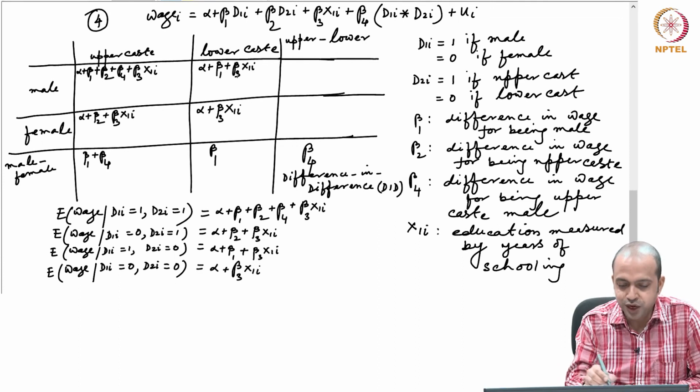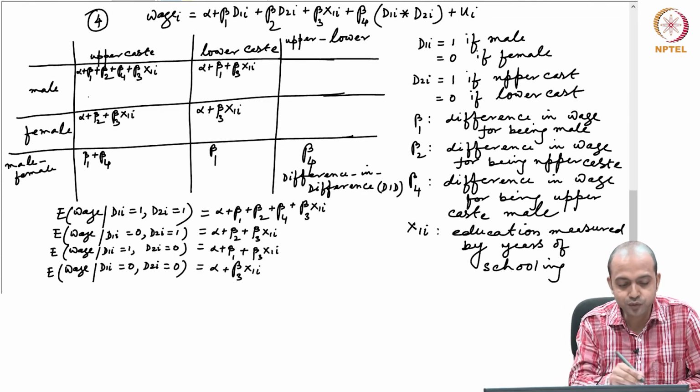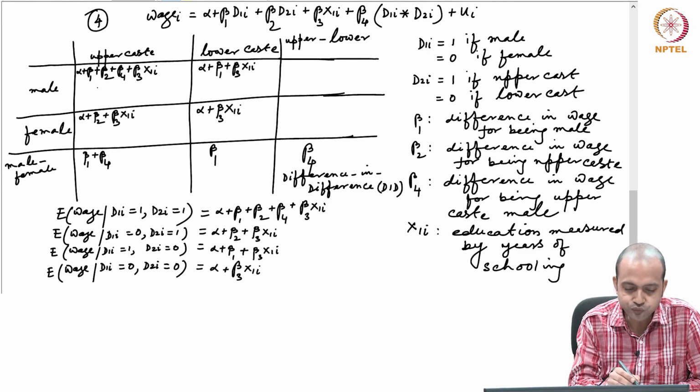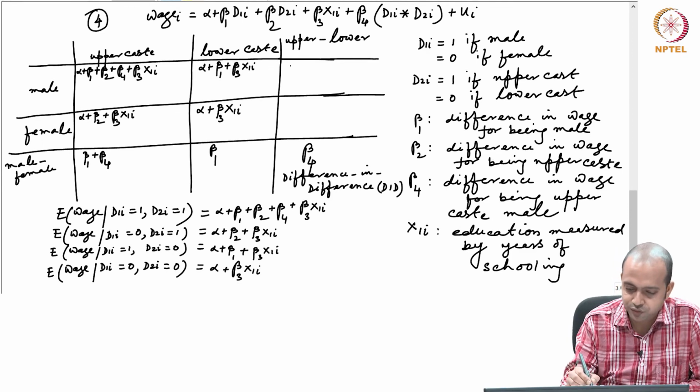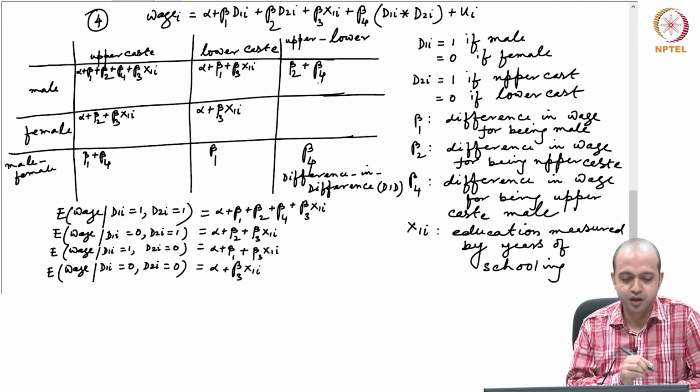So, if you take the difference for upper and lower for the male, what will happen? Alpha and alpha will get cancelled, beta will get cancelled, beta 3 will get cancelled. So, you will get beta 2 plus beta 4.